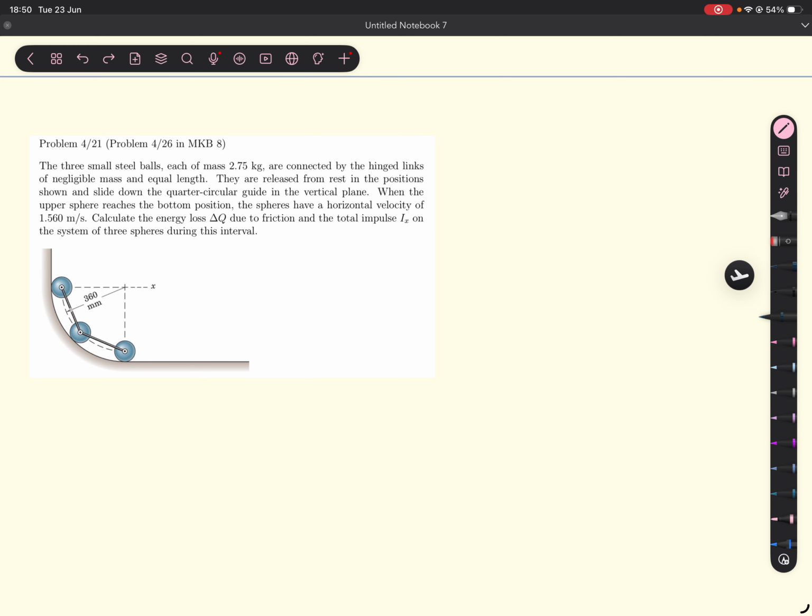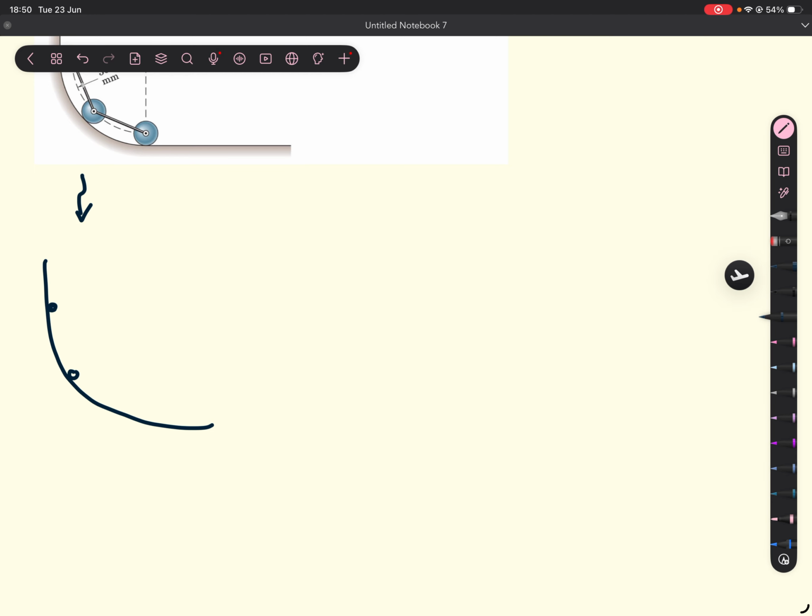Cool. So in this case over here, we're given two states. We have state 1, where the spheres are oriented like that, and then state 2, where everything is going to be horizontal, basically at the same level.